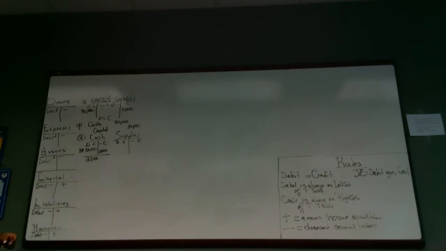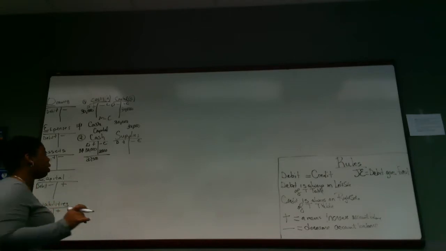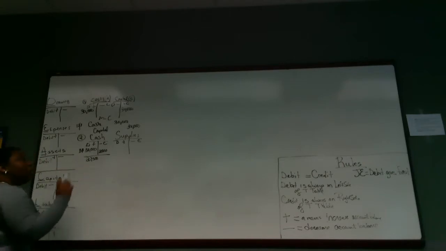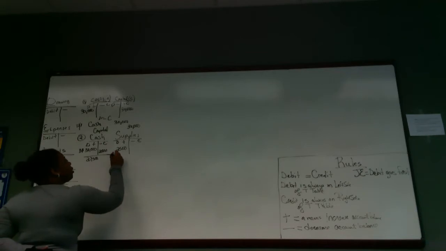Right. Okay? How much do I have in supplies? I have 2,500. How much did I have before? None, because I haven't bought it yet. This is me just starting my business. So my supplies go up or go down? Goes up. So I'm going to put 2,500 on the debit side.